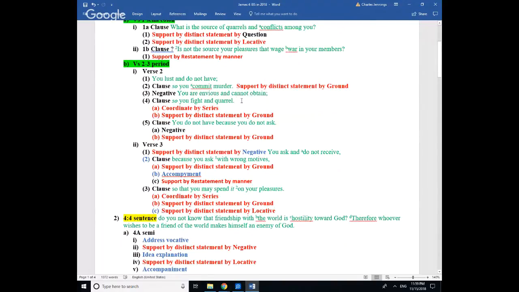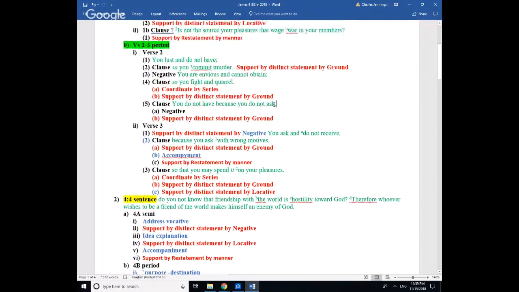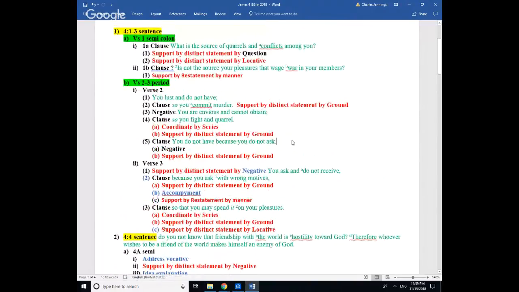So no matter what they do, they are not satisfied. And you know why they're not satisfied? Because they are not asking God. Instead of asking for something for themselves, they're trying to steal it from somebody else, even to the point of murder or slander or gossip.